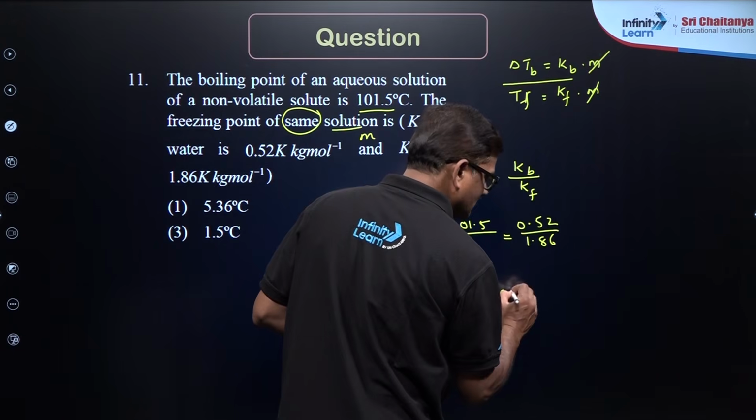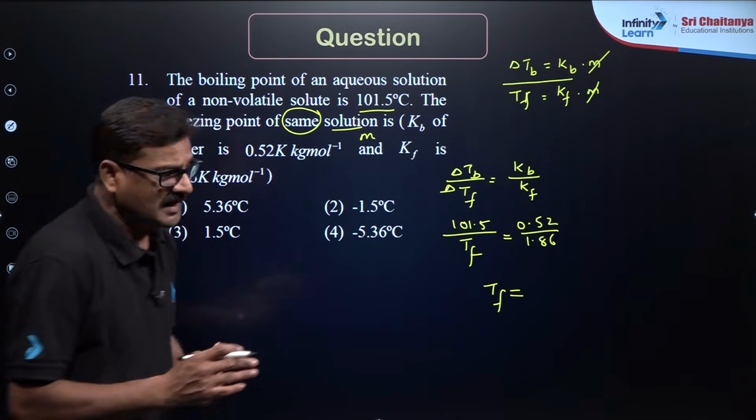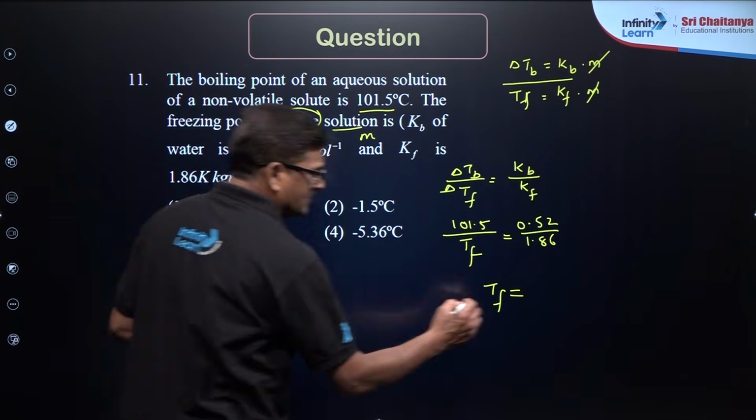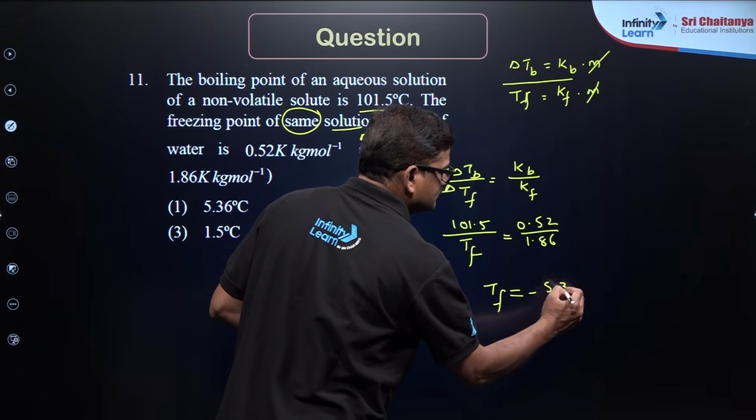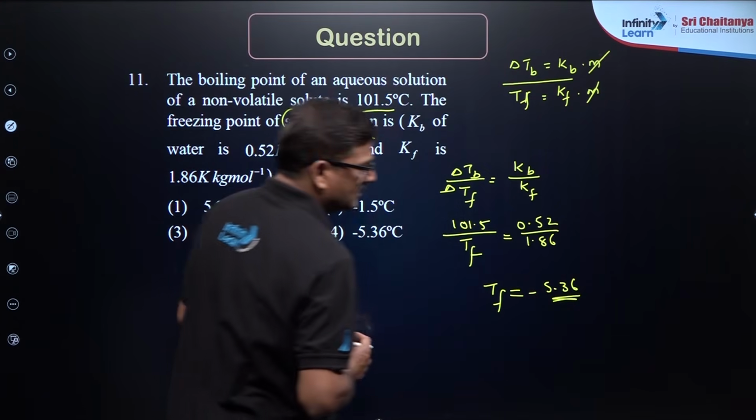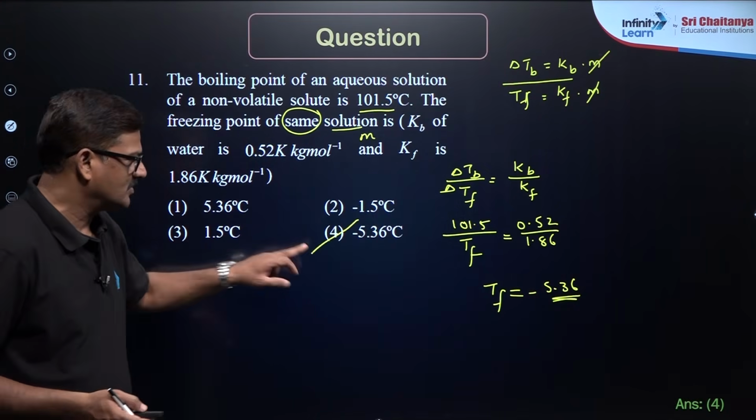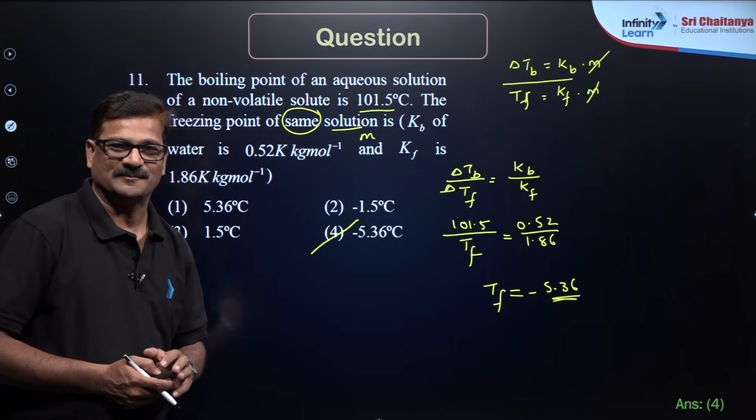On solving, delta Tf is going to be minus 5.36. The answer for this question is option 4.